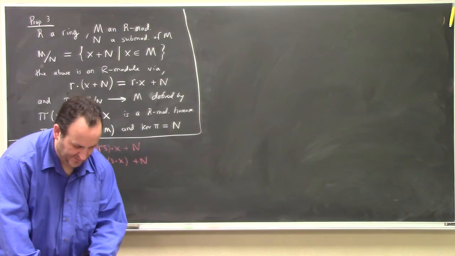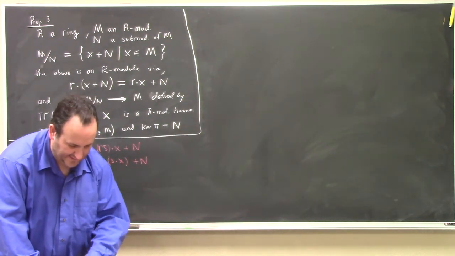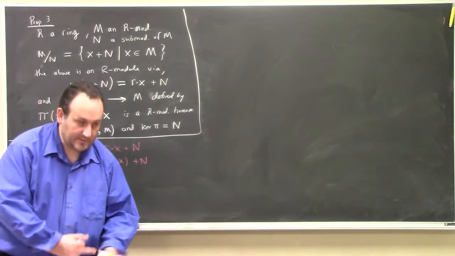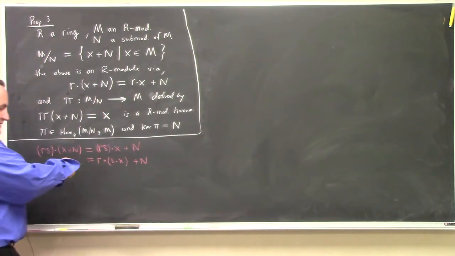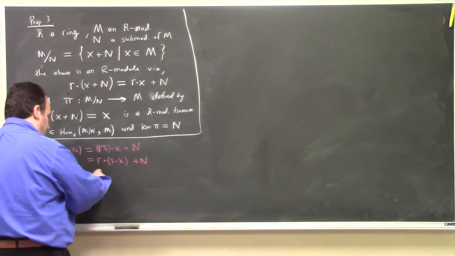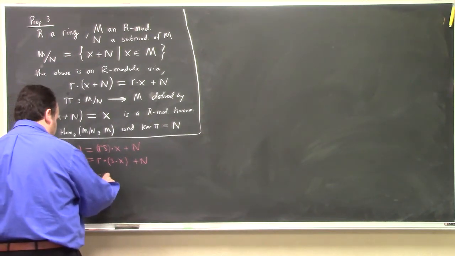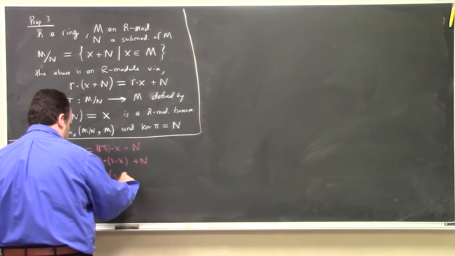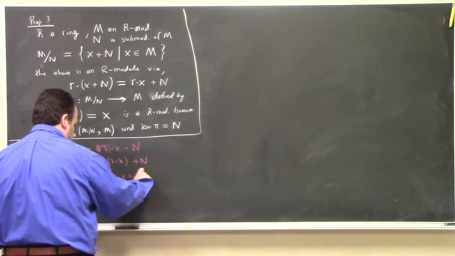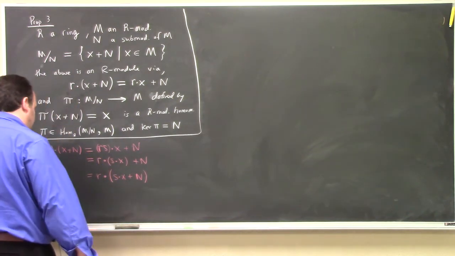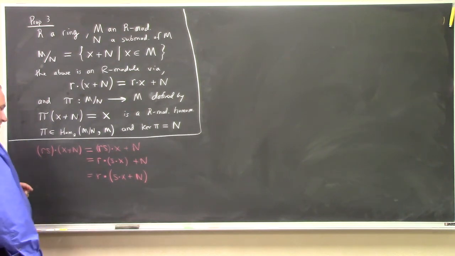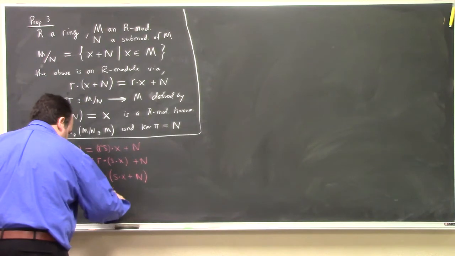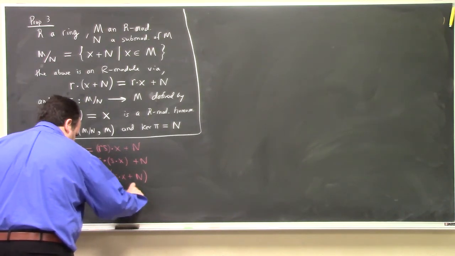This is by part B of number 2, defining the action, back on page 1 of chapter 10, page 337. Then, logically, this is equal to R acting on S times x plus N, which is R acting on S acting on x plus N.